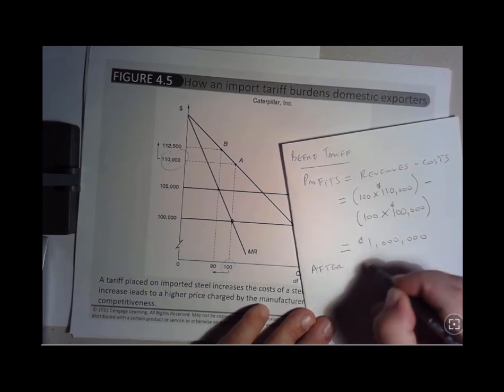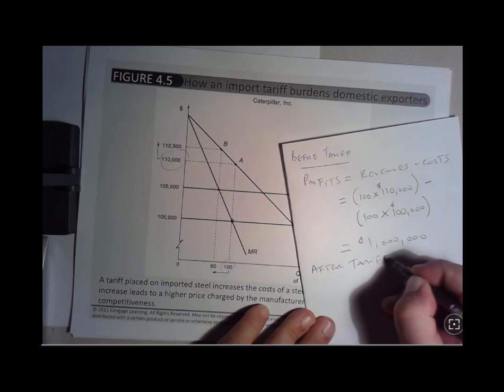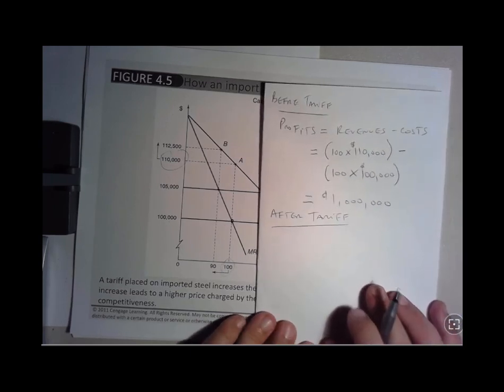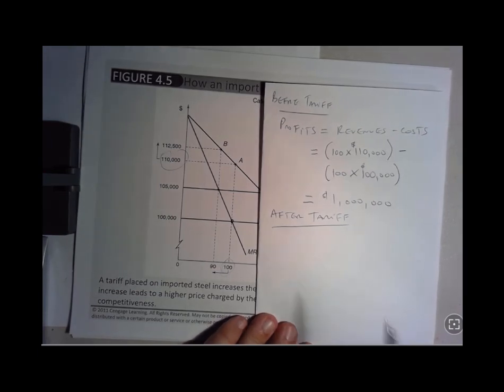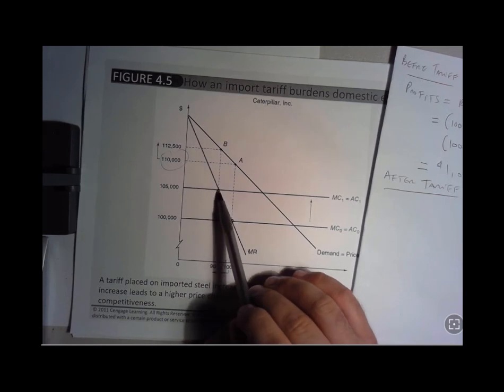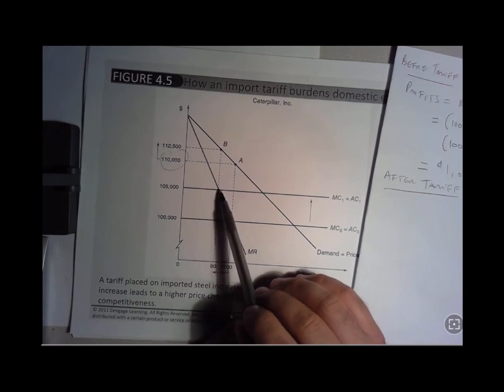After tariff. What's going on after tariff? Well, those inputs are going to arrive at a higher cost, right? They translate into higher production costs for domestic producers.